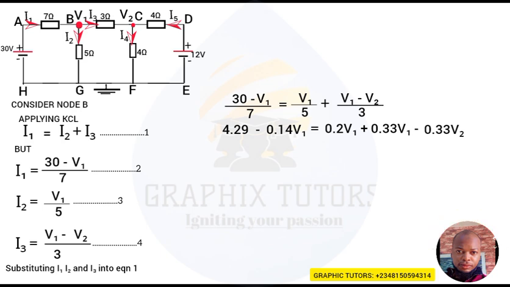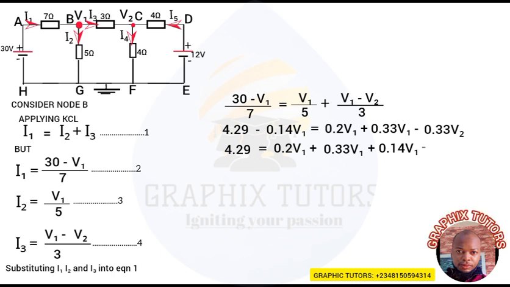So if you simplify further, I will take this negative 0.14 V1 to the right hand side because I'm collecting like terms. So I'll be having 4.29 equals to, in the right hand side I have 0.2 V1 plus 0.33 V1, then this minus 0.14 V1 comes to this side, becomes plus 0.14 V1.